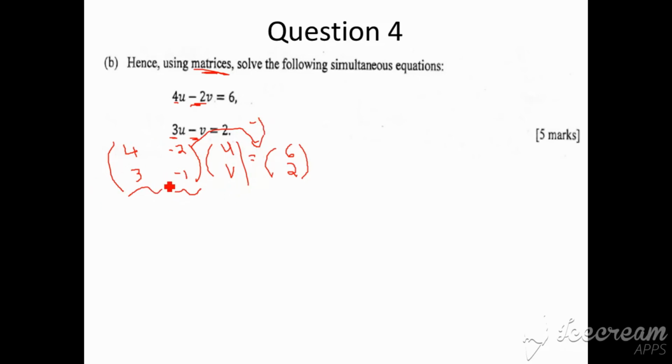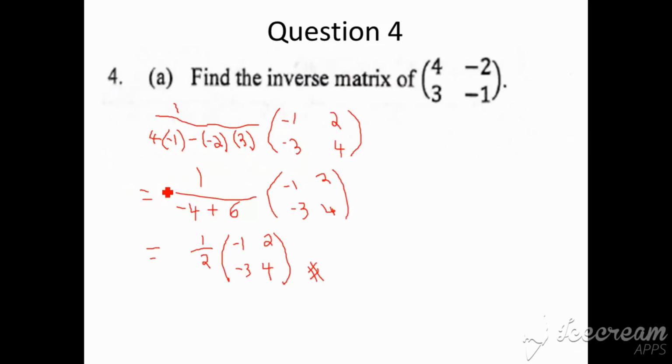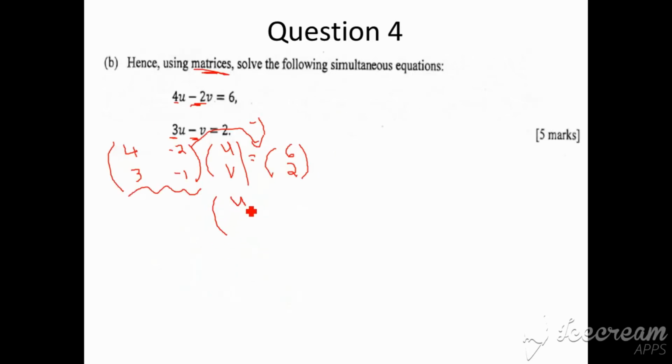The inverse of 4, negative 2, 3, negative 1 we have done in part A, so you just need to copy this matrix to part B. So UV equals 1 over 2, negative 1, 2, negative 3, 4, 6, 2. Okay, do the multiplication.